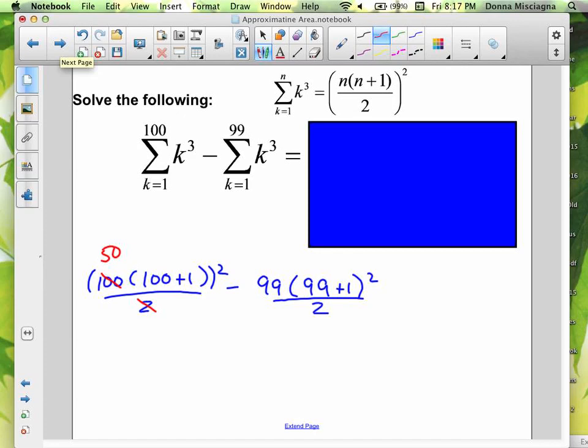And it wouldn't take us very long at all, because it would just be 50 times 101 squared minus, and it'd be nice if this one reduced, but it doesn't until after we square, 99 times 100 squared divided by 2. And I grabbed a calculator this time. 101.